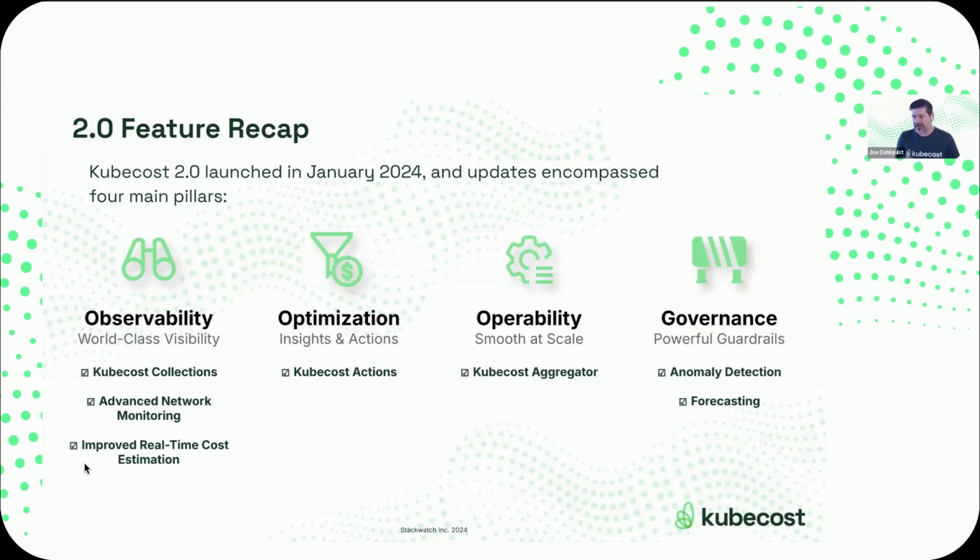And the last one, governance, right? Everybody loves golden paths and guardrails. Governance is an important part of managing and optimizing cloud costs. We've got a couple of new features under that. The ability to do forecasting, right? To be able to project out into the future what an anticipated spend is going to be based on workloads and resources and what's being requested.